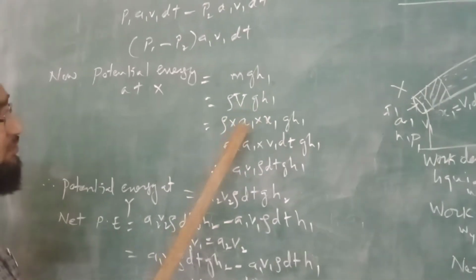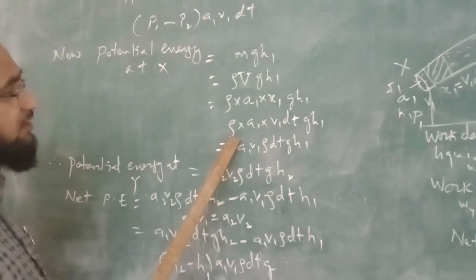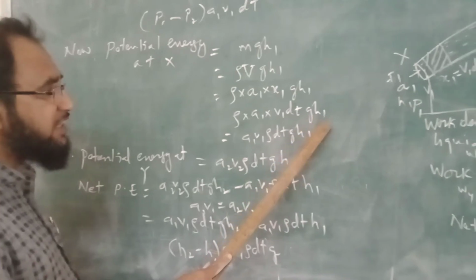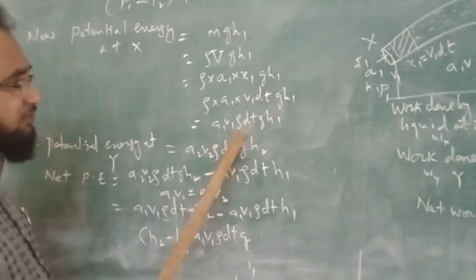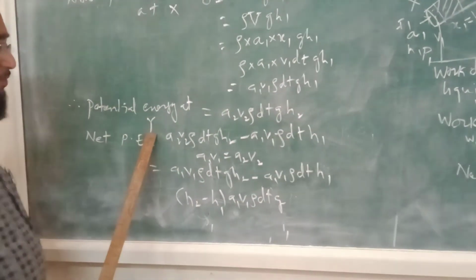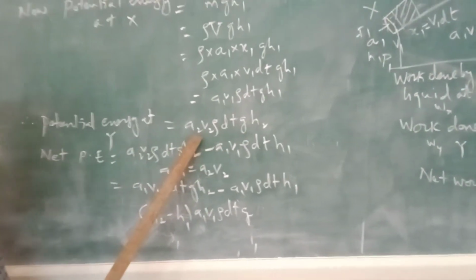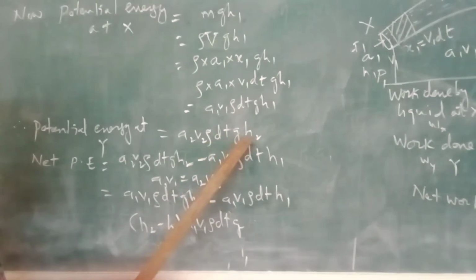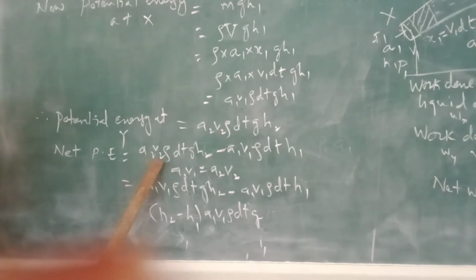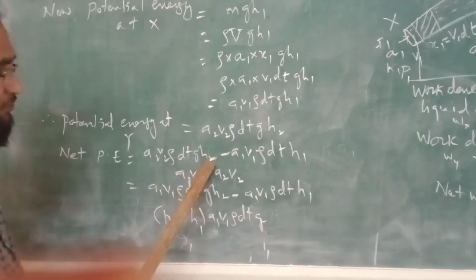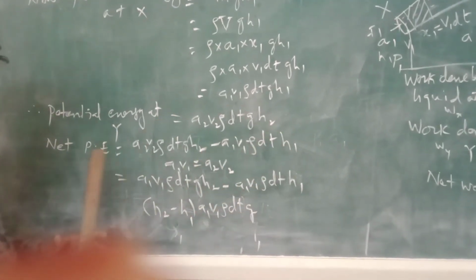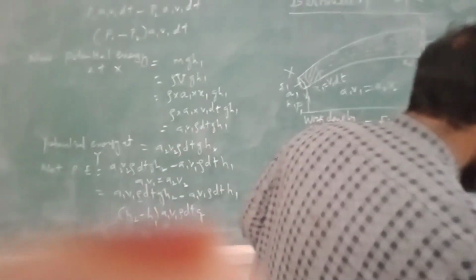So the formula will become V rho, A1 into thickness V1 dt, gh1, or A1 V1 rho dt gh1. Similarly, potential energy at point Y can be written as A2 V2 rho dt gh2 in the same manner. Net potential energy will be A2 V2 rho dt gh2 minus A1 V1 rho dt gh1.